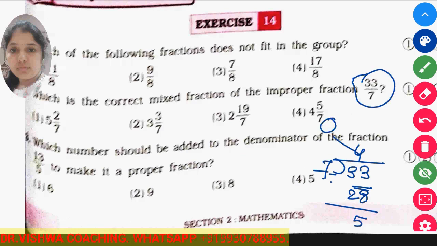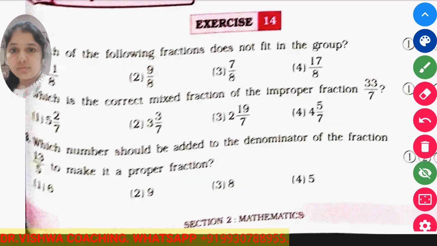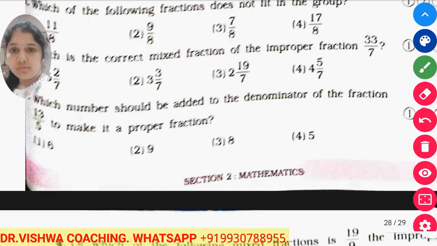Here this is the quotient, this is the remainder, and this is the divisor. To write in fraction form, we write the quotient as the integral part, the remainder as the numerator, and the divisor as the denominator. So 4 5/7 is the correct mixed fraction of the given improper fraction. So option number 4 is the correct option.